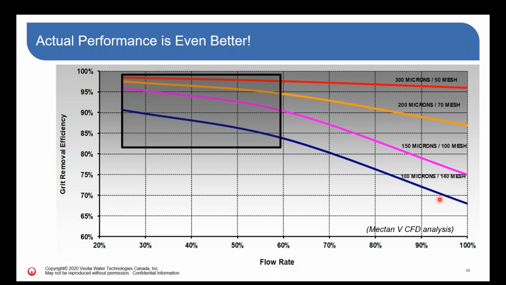Not only does it not rain very hard, maybe never meeting the peak wet weather flow that the unit was designed for, but because of that design horizon being 20 years out, and because we've oftentimes selected the next size up unit anyway, if you want 70 million gallons a day, we're going to give you a unit for 78 million gallons. That means that the unit is going to be operating down in this range for most of its life, and that's going to give you even better performance than the performance we guarantee.